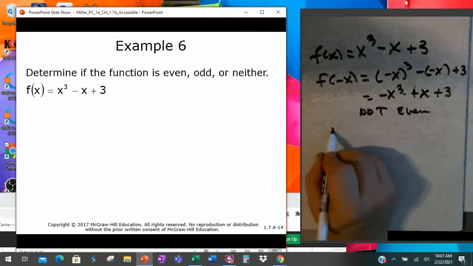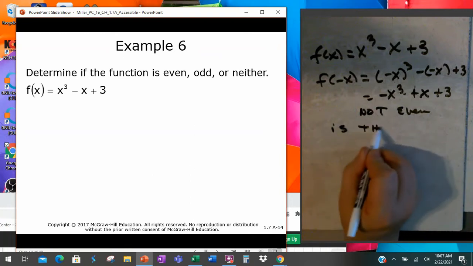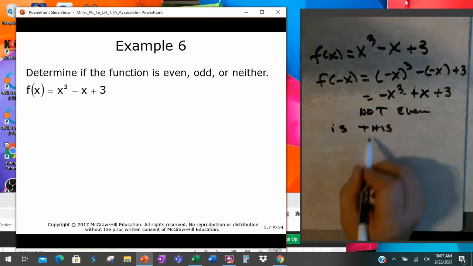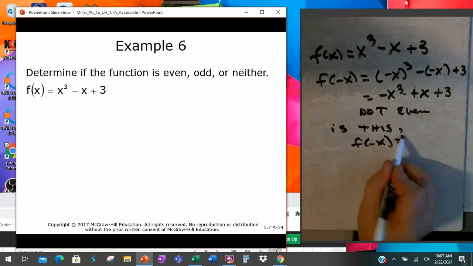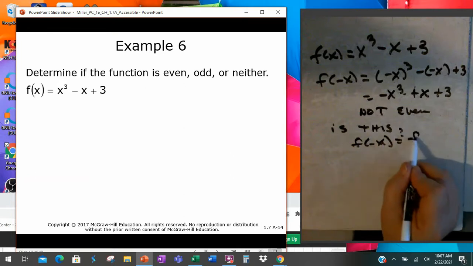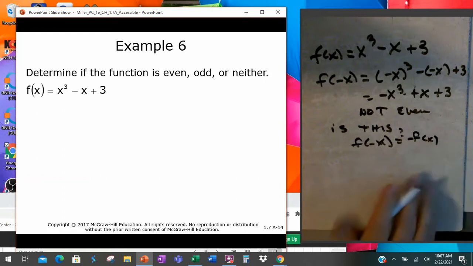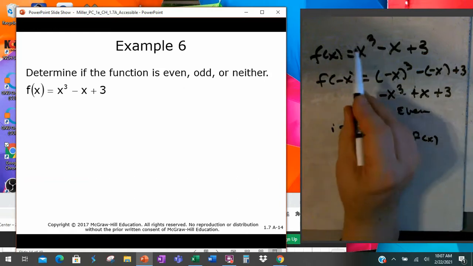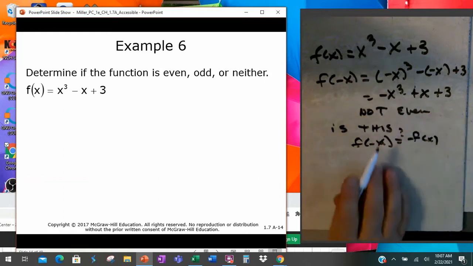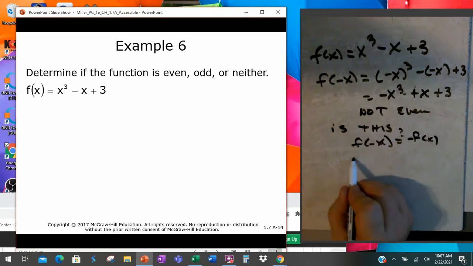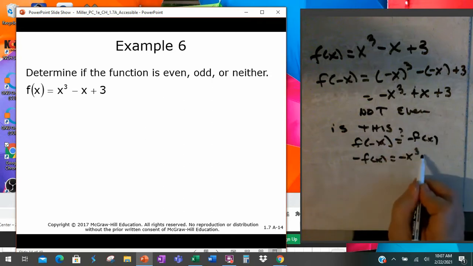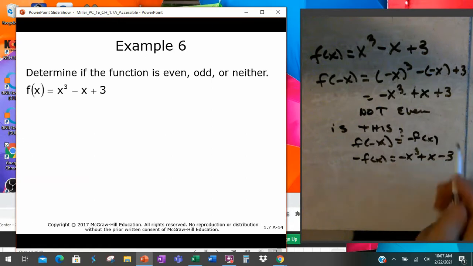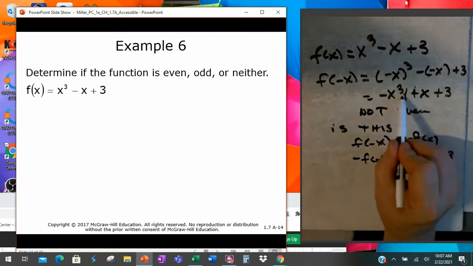Is this equal to negative f of x? If I multiplied by negative and compare them, do I get that? Negative f of x would be negative x cubed plus x minus 3. This was plus.